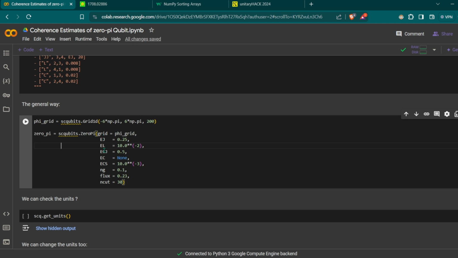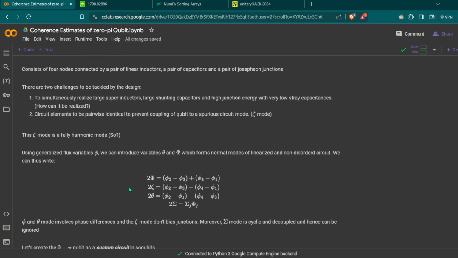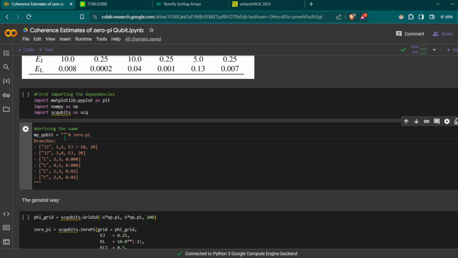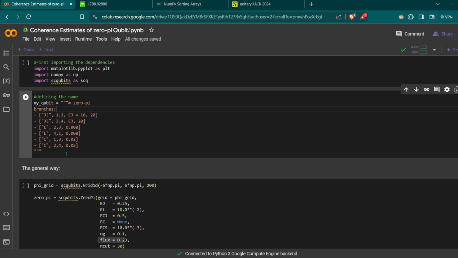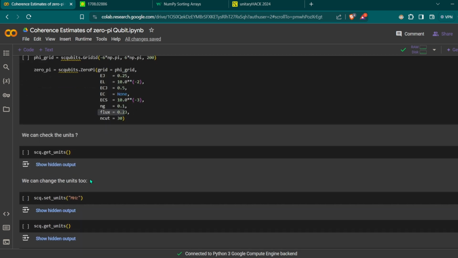So we can write the EJ values, the energy of the Josephson junction, the energy of the inductance, and all the related values. We can also define the flux in here, which is the external flux in the circuit. But we are going to use this type of definition as we are using the custom circuits. So you can also try this out in the meantime.